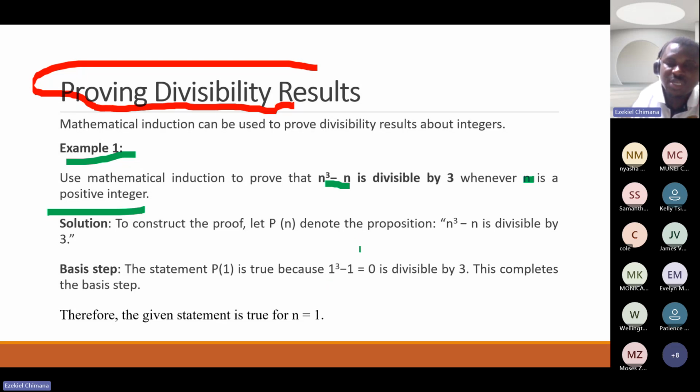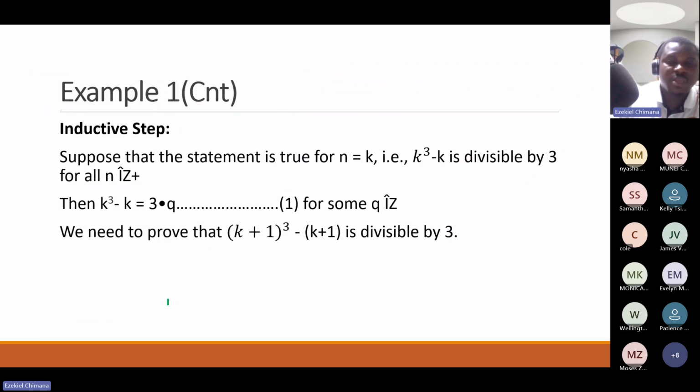What you get is a number which is divisible by 3, right? But that alone is not enough, because you cannot test up to positive infinity. So we need a way that can tell us that if it is true for only these specific numbers, it must be true up to what? Up to positive infinity. So you need to go for the hypothesis, where you say it is true for P of what? For P of k.